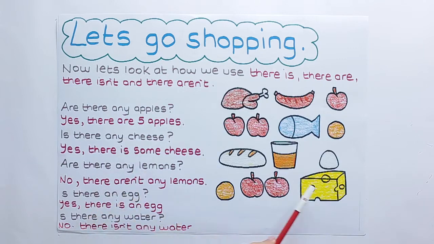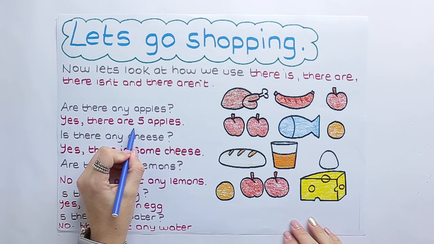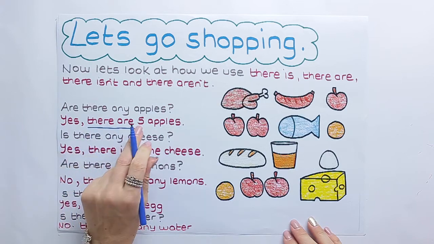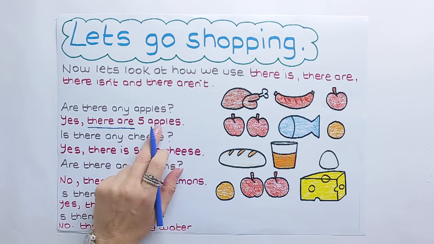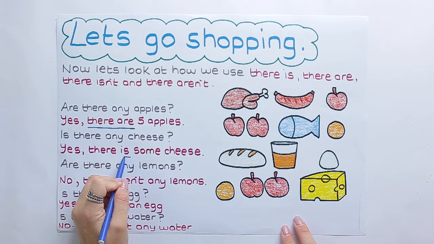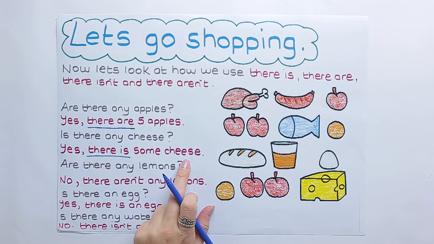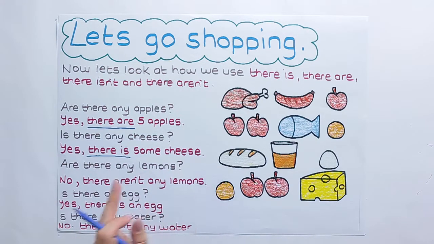Is there any cheese? Yes, there is some cheese. There are 5 apples. This is plural. Yes, there is some cheese. This is singular because you cannot count cheese.